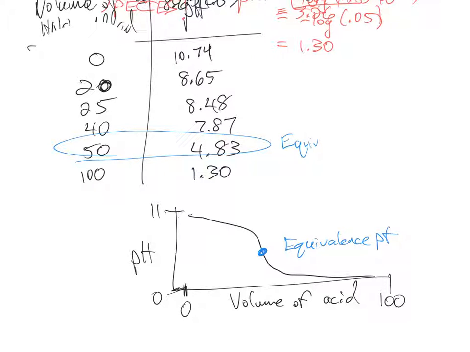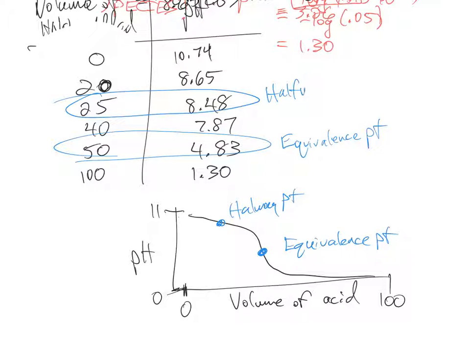Where the pH was 4.83 and the number of milliliters of acid added was 50. The halfway point of the titration, that is where you've added half the amount of acid that would be required to neutralize the base, that was found at a pH of 8.48.